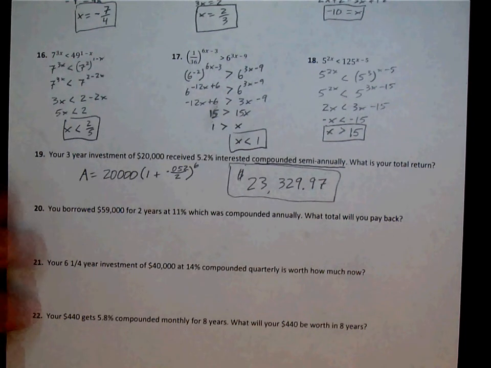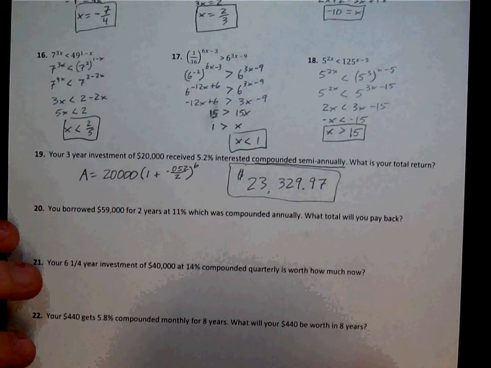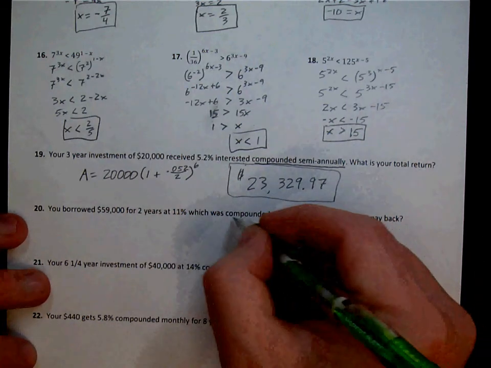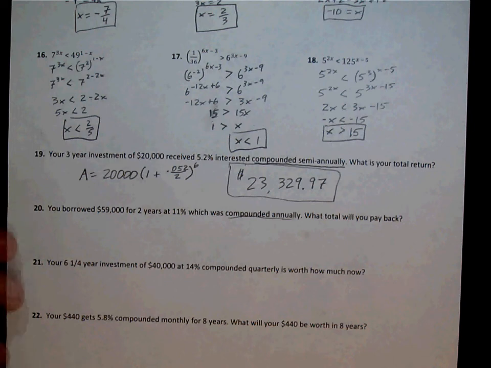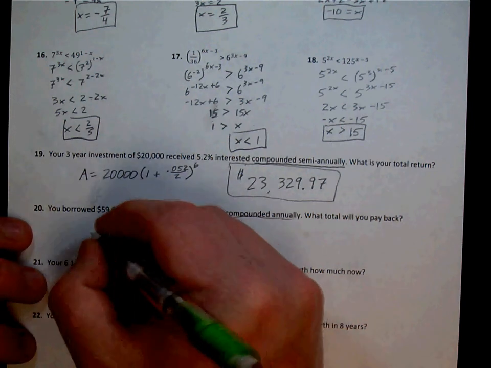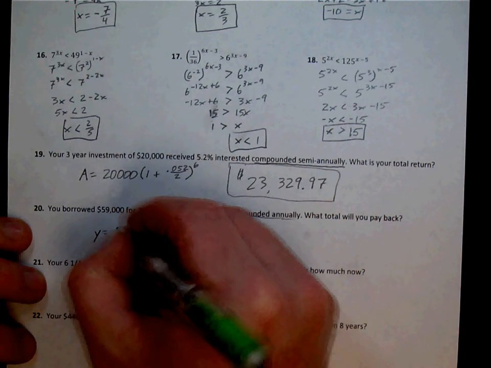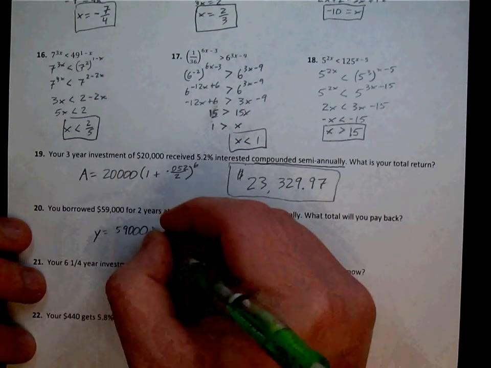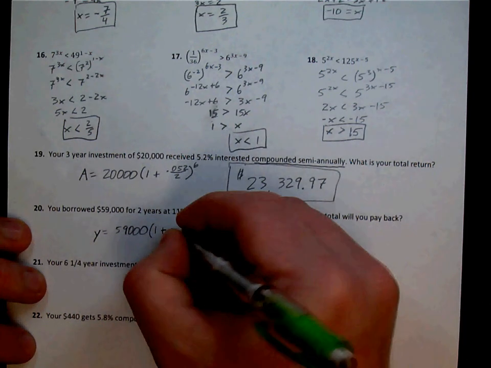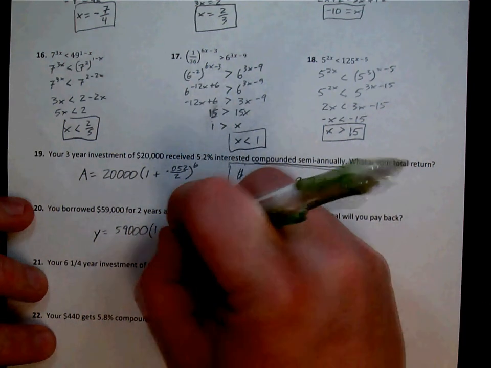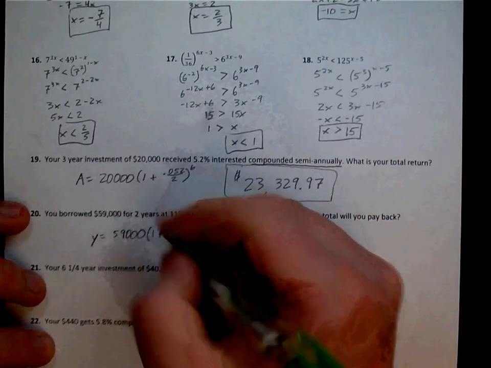Number 20, you borrowed money. What will you pay back? That's compounded annually, so technically it's not really compounding. If it's compounded annually, it's only once a year, so we can just use our growth. I was going to make a fraction because I was ready to do compounded.